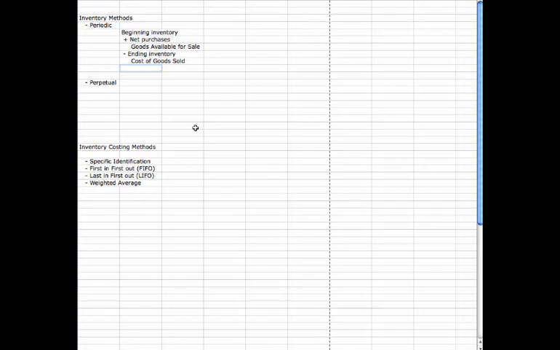So the designation of first in, first out, otherwise known as FIFO, describes the order in which you are going to cost out your inventory at the time of the sale. So when I sell something, I'm going to use the oldest cost first because the oldest cost is the first item in. Now the other one is called LIFO, or last in, first out.